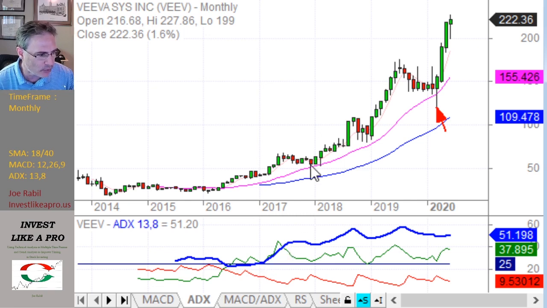And on every correction back to the 18 or in the area of the 18 on the monthly, the ADX has held well above 25. So until we see any kind of a change like that, you're going to want to continue to buy pullbacks in this trend near the 18 as long as ADX stays well above 25. That's a power trend. That's a very strong trend.